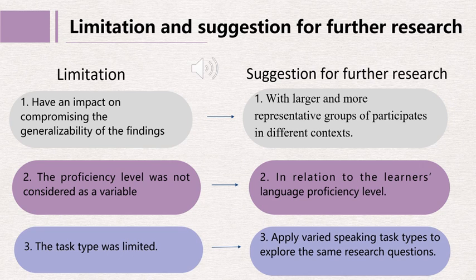Moreover, another problem is that the language proficiency level was not considered as a variable, and it may affect the accuracy of self-assessment, so it needs further research in the future. Additionally, the task type was limited to one type in this study. Therefore, varied speaking task types should be offered in order to support the view according to the same research question.